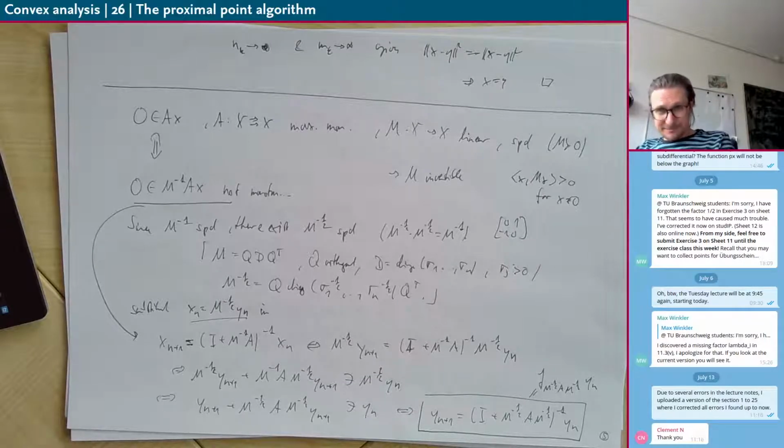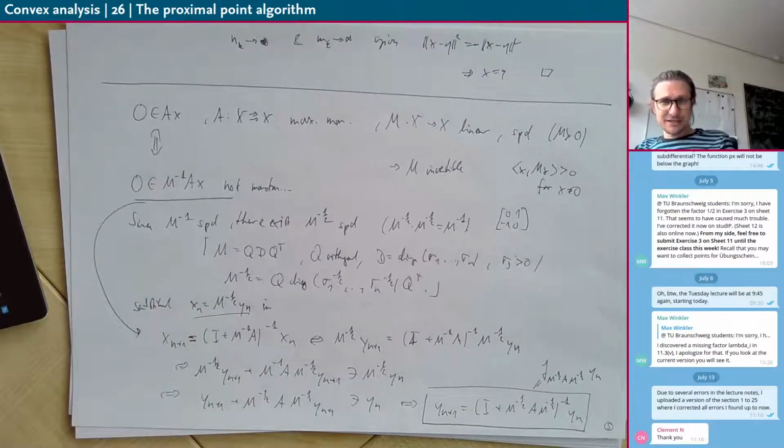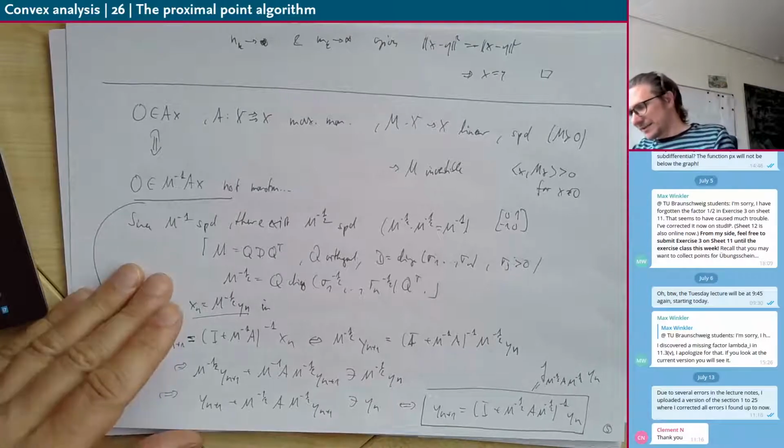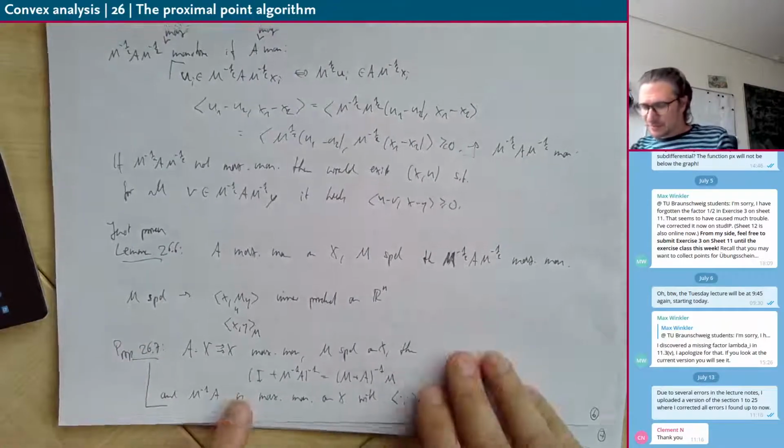Here it's the same but slightly different story. The possibility of preconditioning allows you to turn some of the monotone inclusions into practically solvable preconditioned proximal point methods. I'm going to show you the next time, and we're going to work with this formulation here.